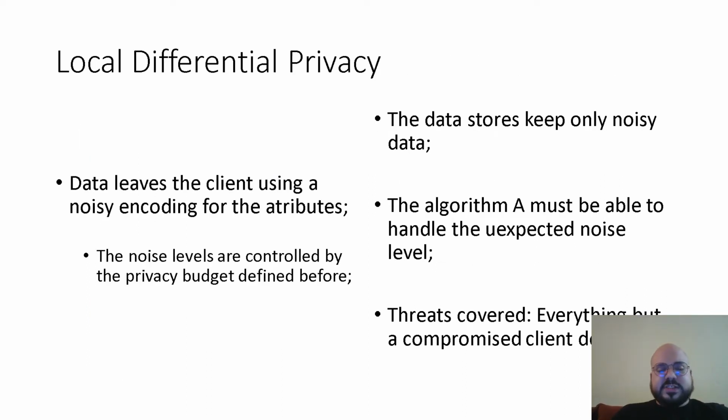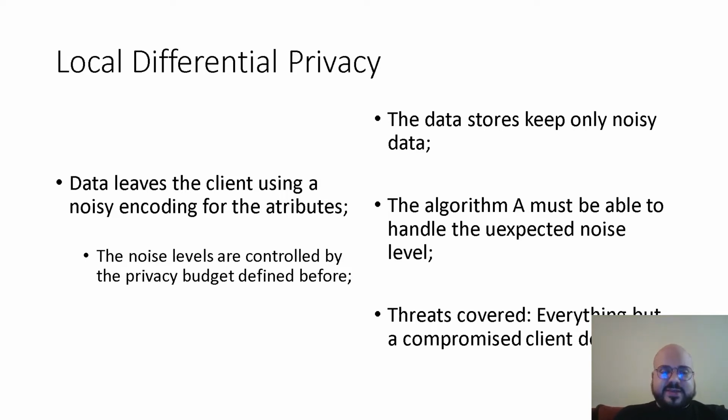To cover all these threats, we go one step further and we apply the concept of local differential privacy. The privacy ensuring mechanisms are distributed through all the system, through client devices and servers that receive the reports.